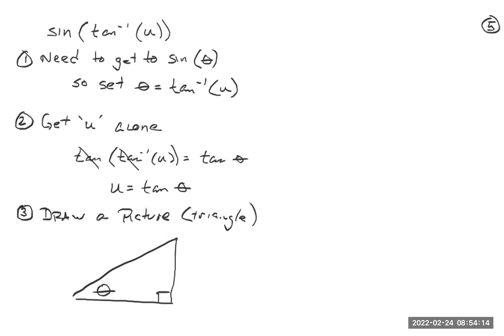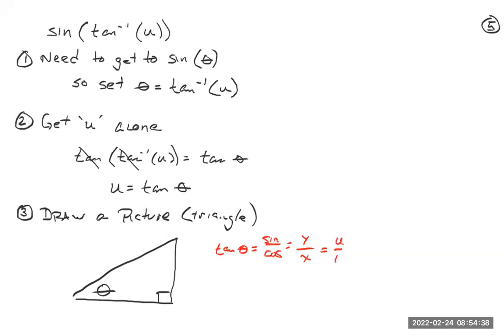Now, tangent of theta, remember, is sine over cosine, or y over x, right? And that would be equal to u over 1.